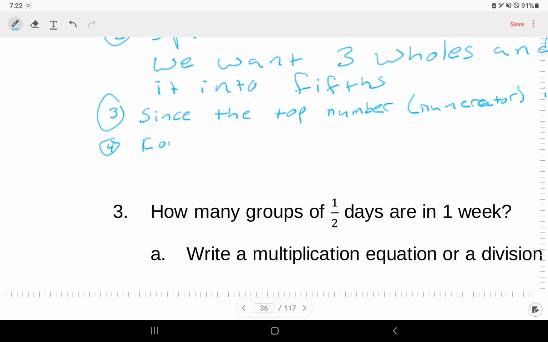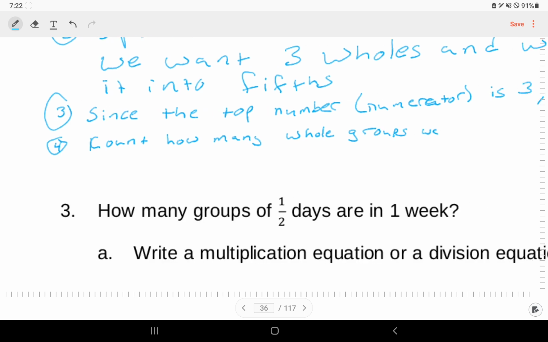Step 4: count how many whole groups we have.